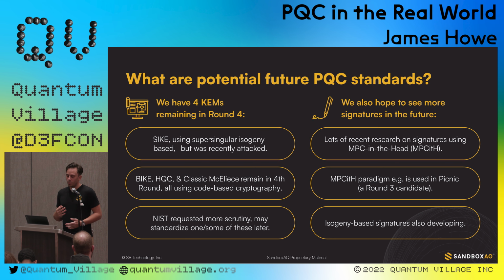So, as I said, we might see more schemes standardized in the future. NIST have some KEMs that have gone into a fourth round, and they're also opening up more signature schemes in the future. What we have in the fourth round is four schemes. One of these is SIKE, which is a supersingular isogeny-based key exchange mechanism.